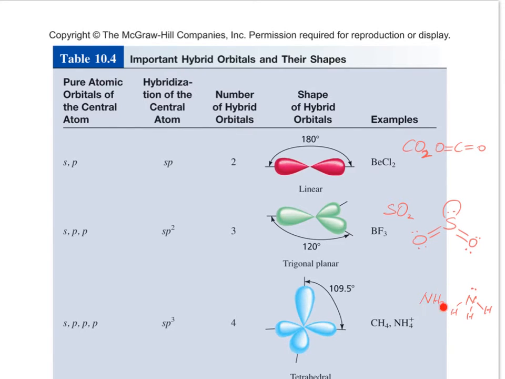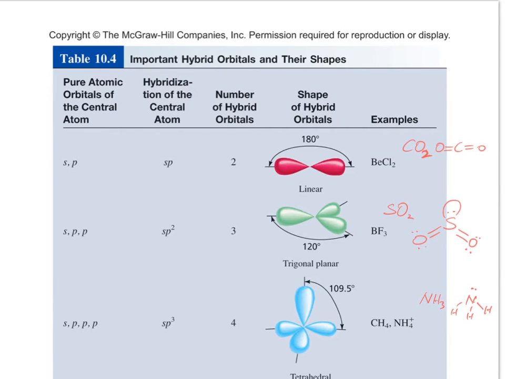So therefore, in ammonia, NH3, nitrogen has sp3 hybrid orbitals. 3 of them form sigma bonds with hydrogen, and 1 of the sp3 orbitals holds the lone pair.